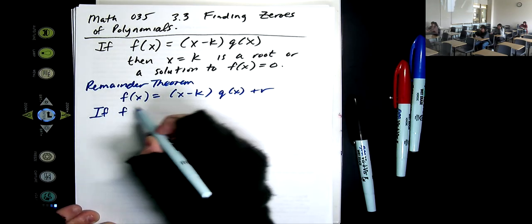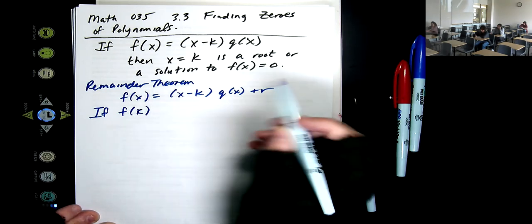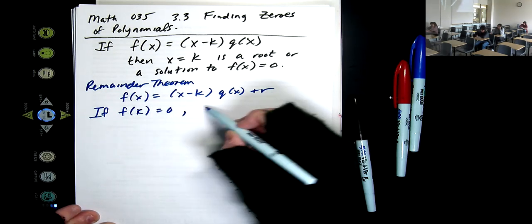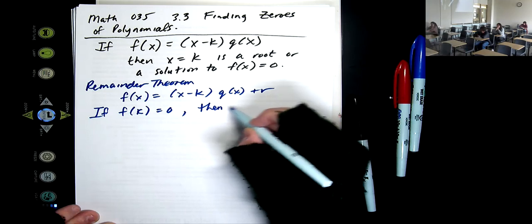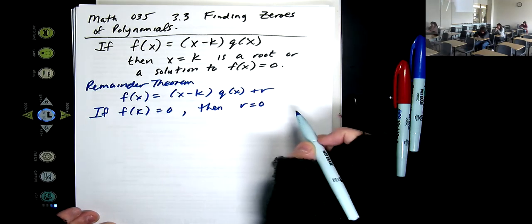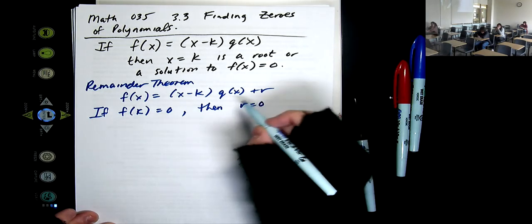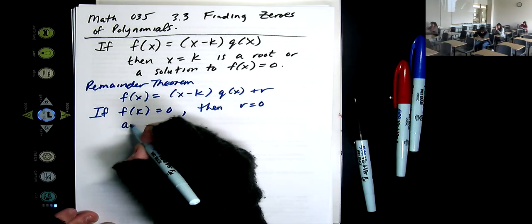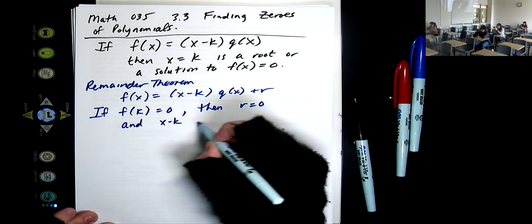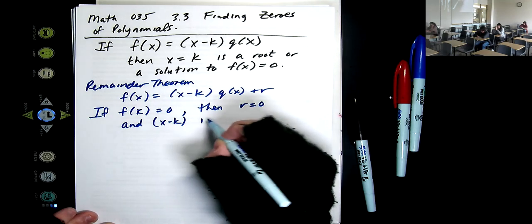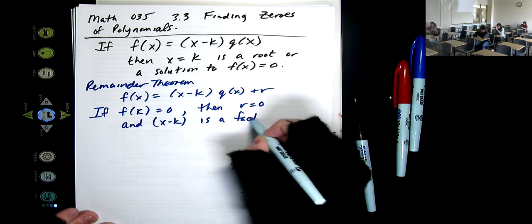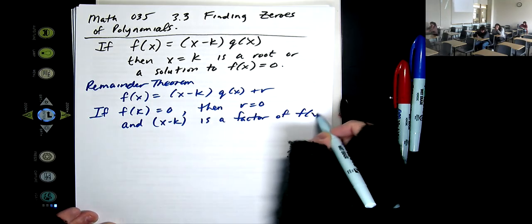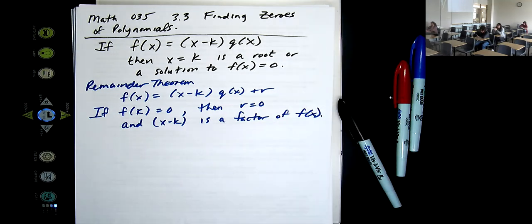If f of k equals 0, then r is 0, and x minus k is a factor of f of x. We did all that stuff last time. Those are just tools that we're going to use going forward from here.